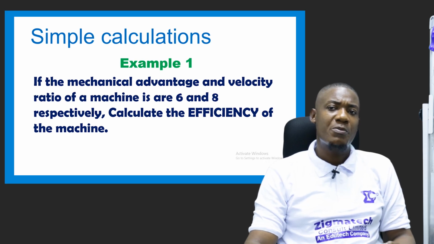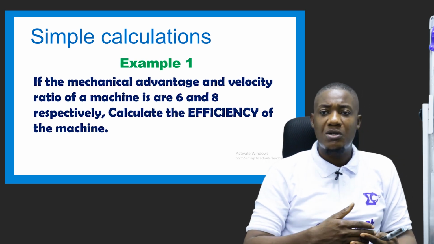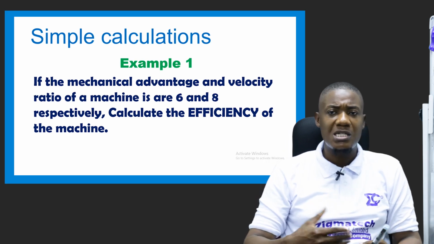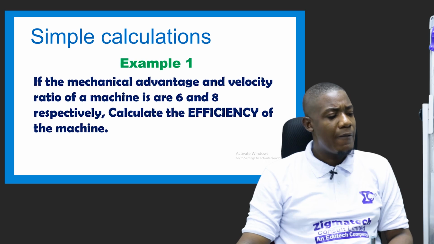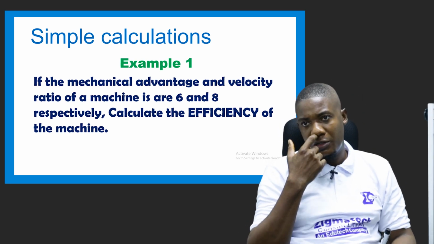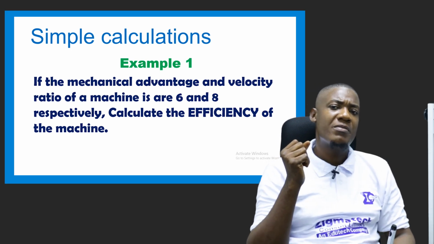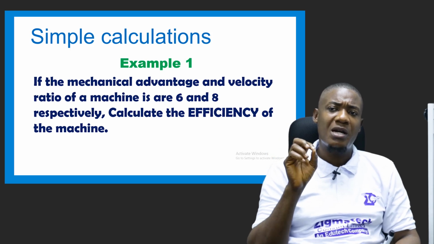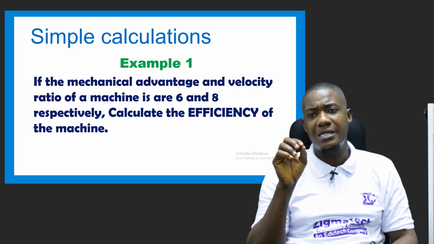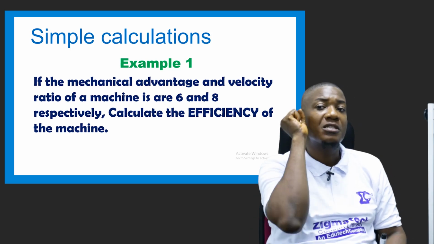Example, simple calculations. Let's take general calculations involving mechanical advantage, velocity ratio of the machine, and the efficiency. Example 1. If the mechanical advantage and velocity ratio of a machine are 6 and 8 respectively, calculate the efficiency of the machine.